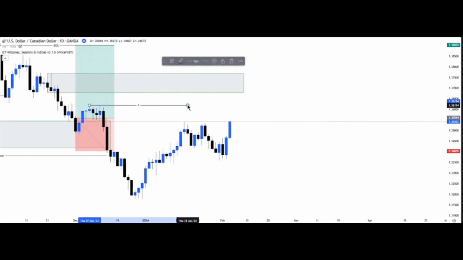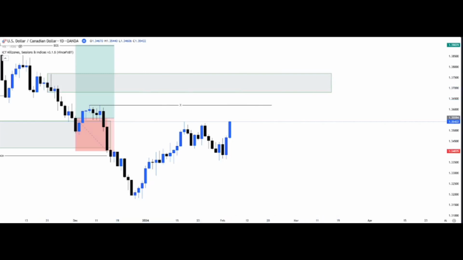Remember, this is still our inducement. Our low cannot be confirmed until this inducement is taken out. And remember, this is the area of interest we want to go short from.